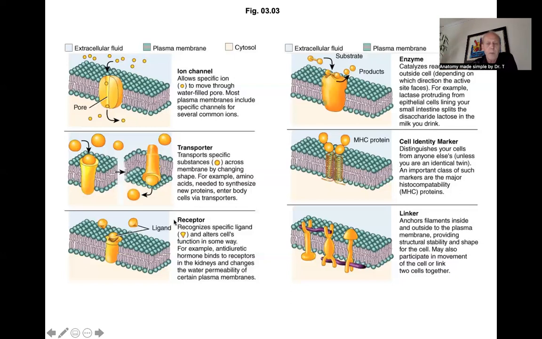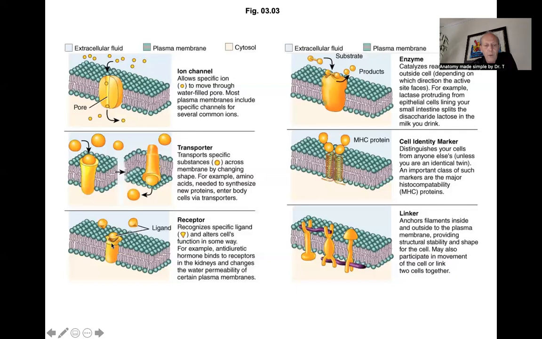Some proteins will act as receptors, and there is no transport this time. Receptor just means one thing. On its either external or internal surface, the protein will have a binding site.